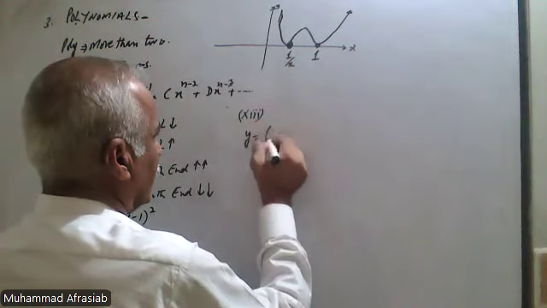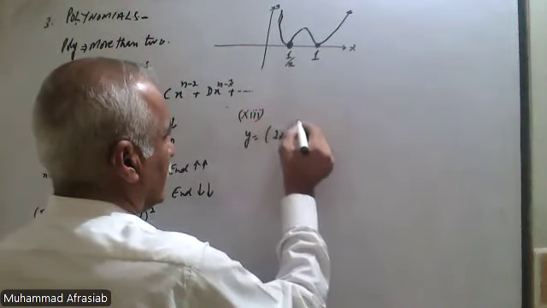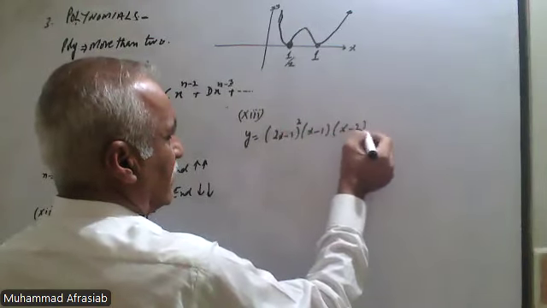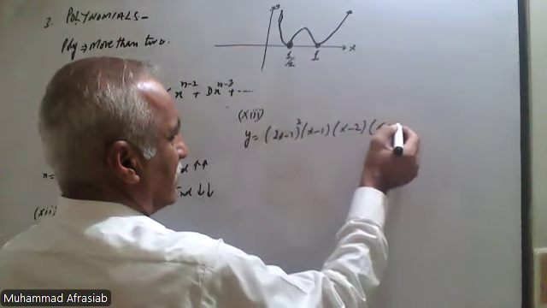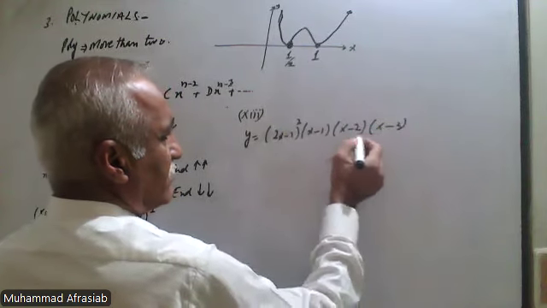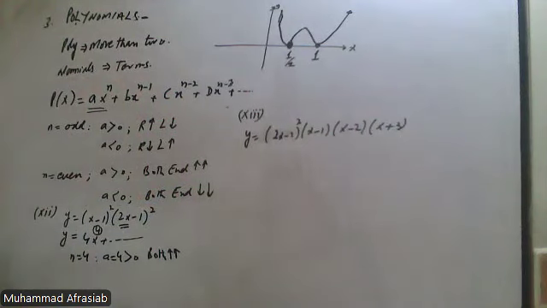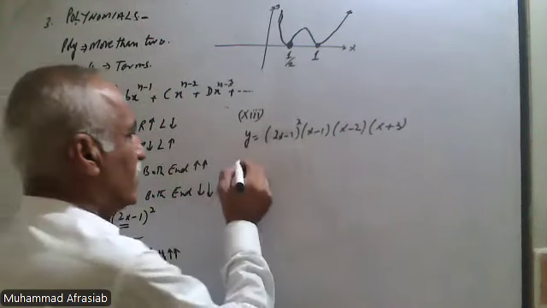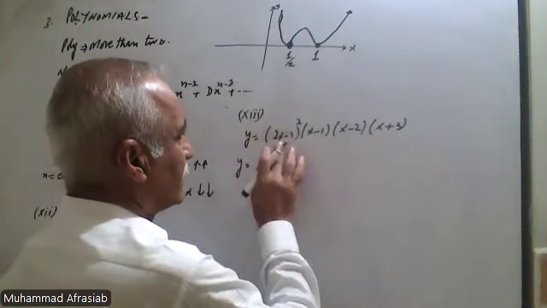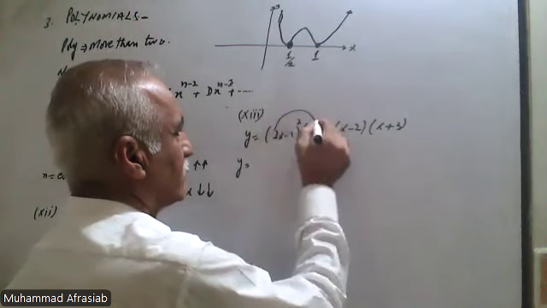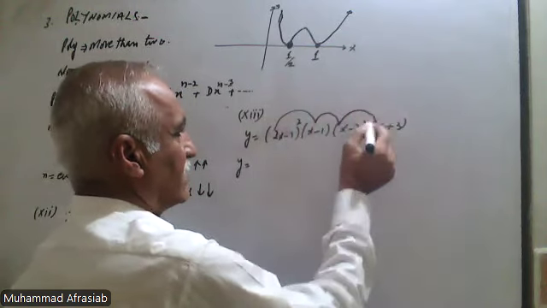Let's say y equal to 2x minus 1 whole square into x minus 1, x minus 2, x plus 3. Let's say we have to draw the sketch of this case. We know that it will give us x square into x cube, that is, x to the power 5.